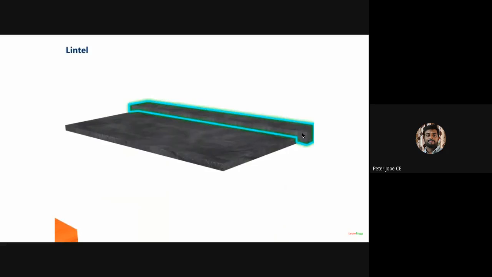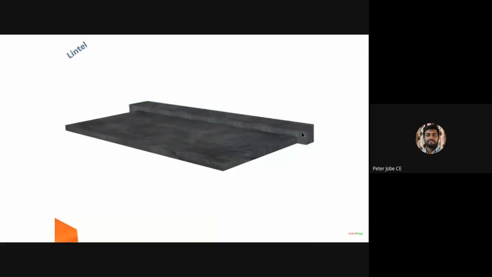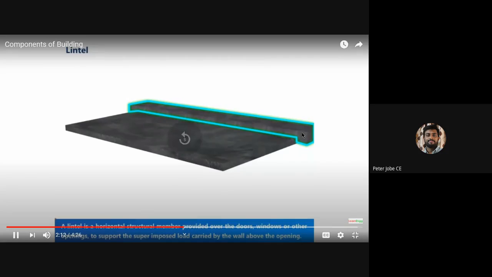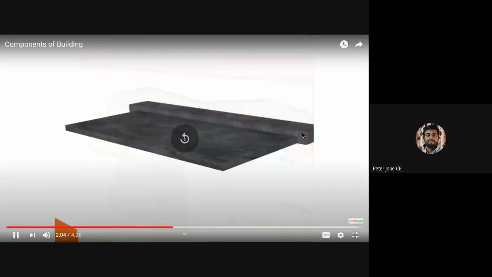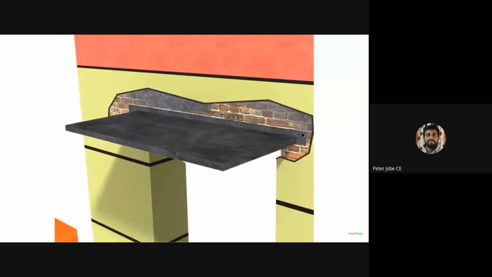So this is the lintel that they are talking about. You can see how it is arranged and how it's fixed to the wall. The highlighted part is the lintel, and the outward projection is the sunshade. I think you can see it. So this is the sunshade, and inside, the sunshade is connected to the lintel.